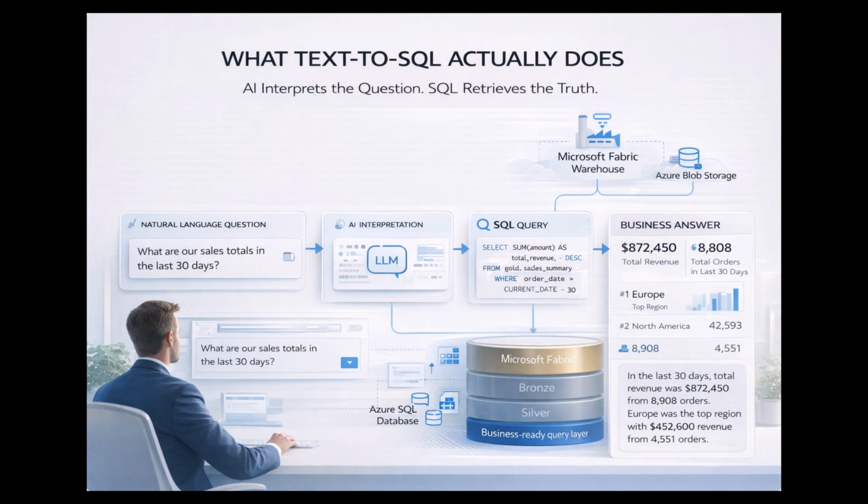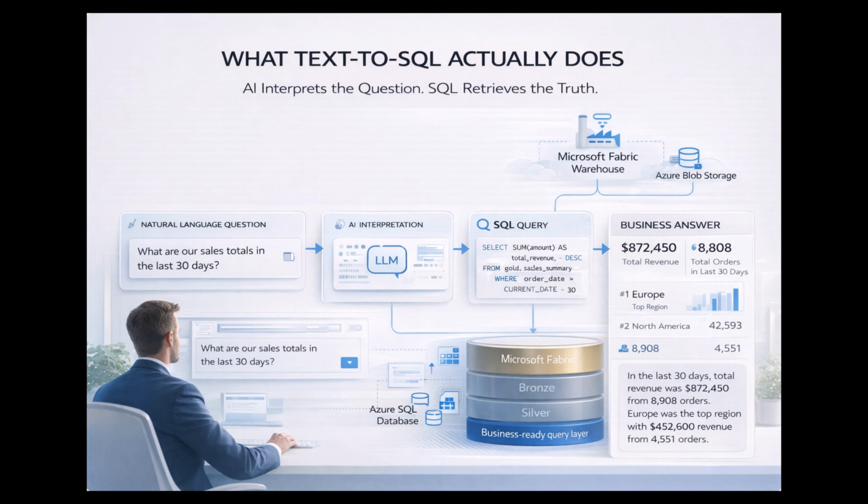Before we move into the implementation, let me briefly explain what Text-to-SQL actually is and what role AI plays in it. At the simplest level, Text-to-SQL means that a user asks a business question in plain language, and the AI model, together with the surrounding system, turns that question into an SQL query against structured data.